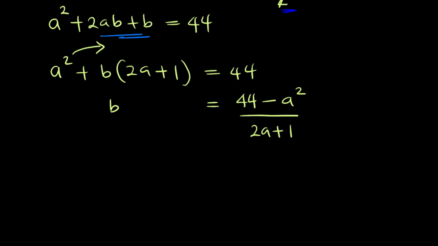Now, taking note of the conditions given, first of all, a must be positive, and then b is also positive as stated. So for b to be positive, it means this fraction that we just got must also be a positive integer. So we need to look at values to put into a that makes this fraction a positive integer.